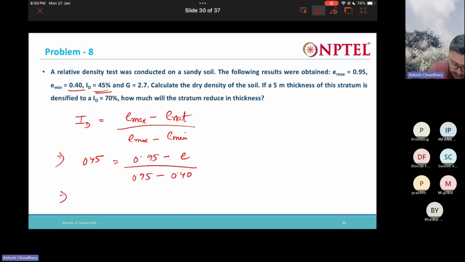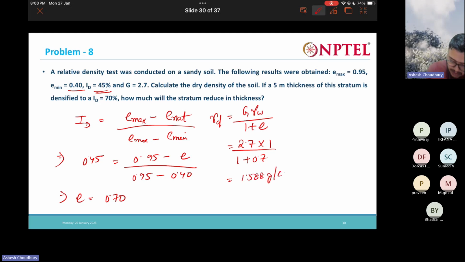So I get the void ratio as 0.70. Now it is asked to calculate the dry density of the soil. So gamma D is G gamma W by 1 plus E, 2.7 into 1 by 1 plus 0.7, which is nothing but 1.588 gram per cc. Okay, done.